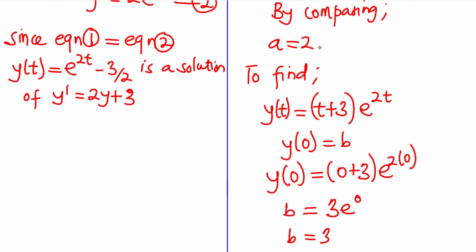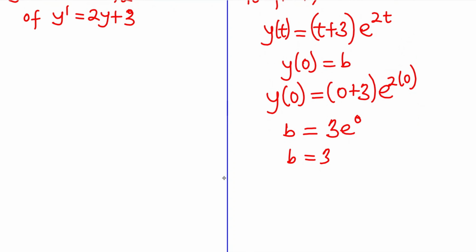So now I have a equal to 2, and b equal to 3, and this becomes the solution for a and b respectively. So therefore a is equal to 2 and b is equal to 3, and this becomes the solution to example 2.